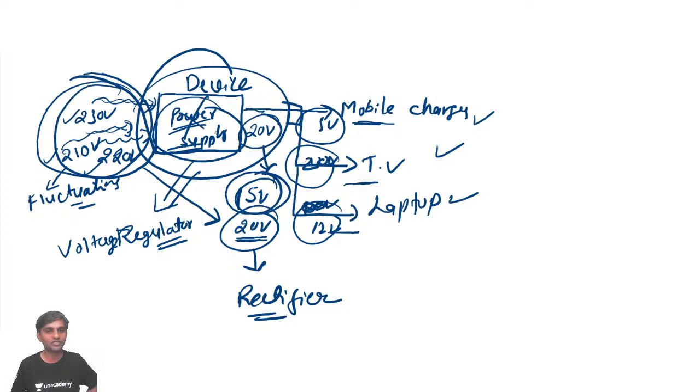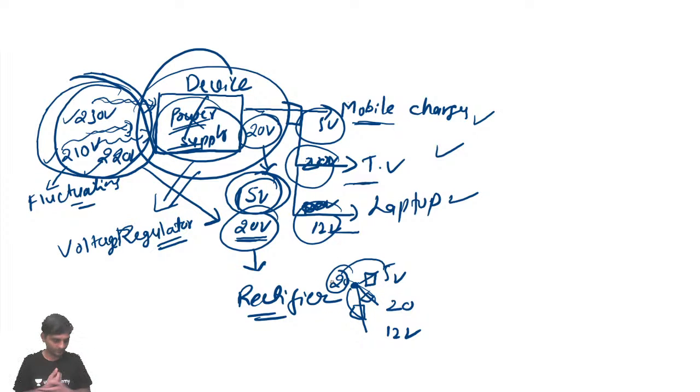From this, for a mobile phone you need only 5 volts, for TV you need 20 volts, for laptop you need 12 volts, like this. For all these things you will get some constant voltage, but you will have an adapter which will convert it to 5 volts, 20 volts, 12 volts. That's an altogether different story. For different devices, obviously you need different voltages. Okay.